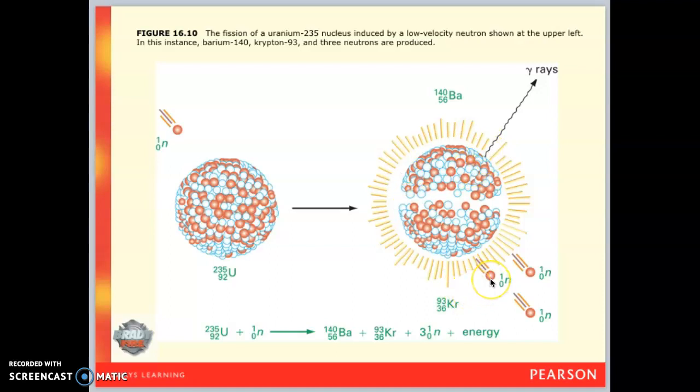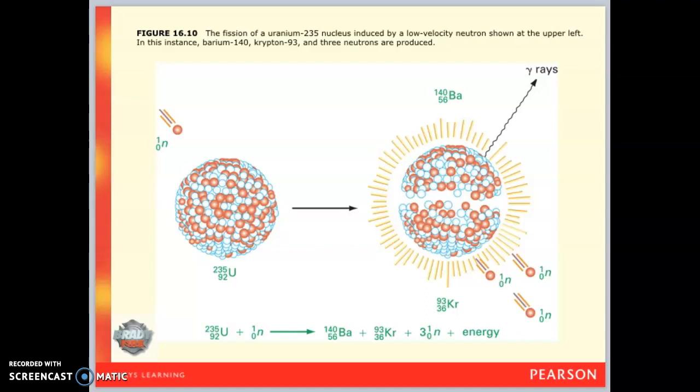And we get the ejection of 3 new neutrons that can go out and hit another nucleus of uranium-235 and repeat the process over again. And so what happens in nuclear reactions like these is that they become self-sustaining at a certain point.